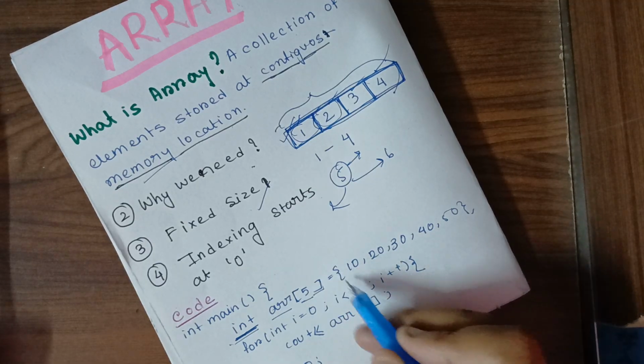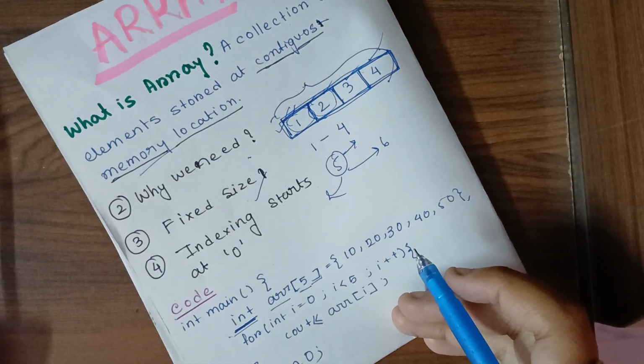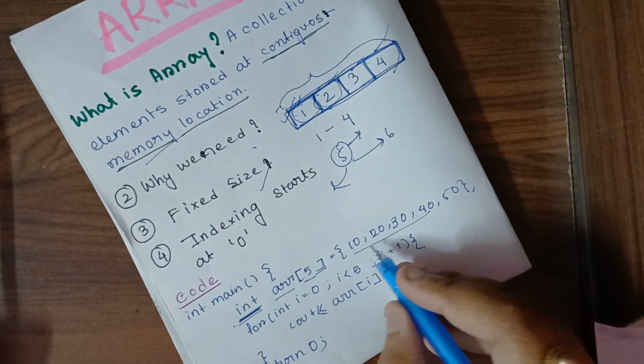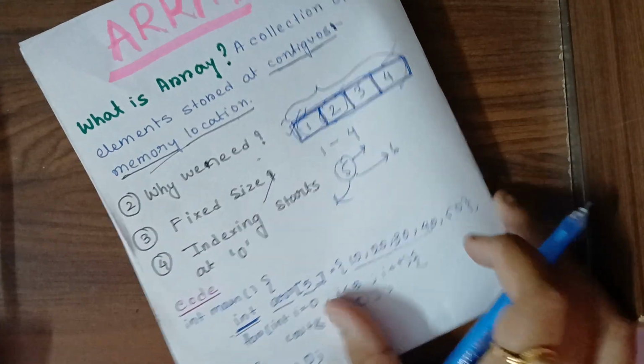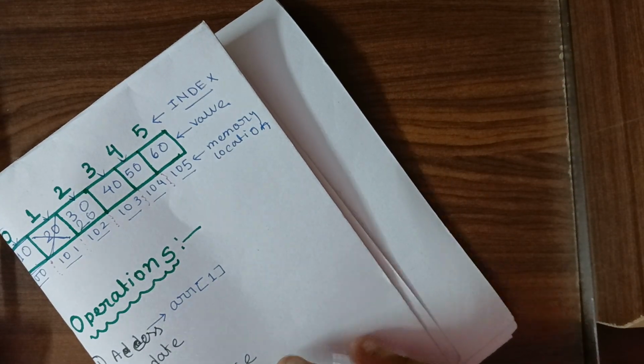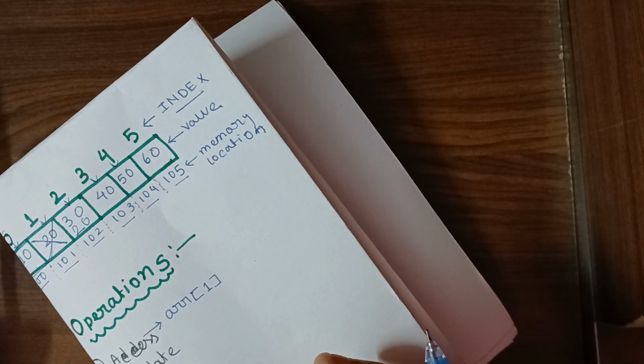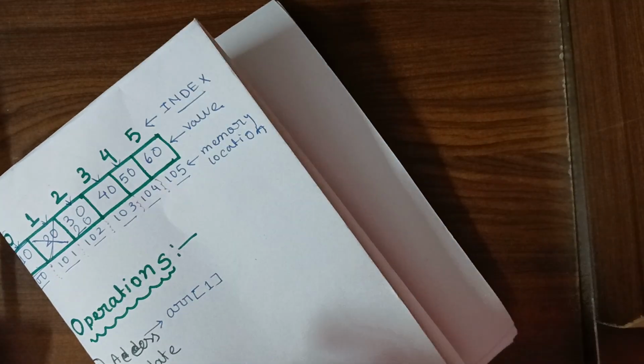Then equal to, then in curly braces I write the values of the array: 10, 20, 30, 40, 50. Now if you have a question, you can write in the comment section. I will give answers to all questions within the comment section.